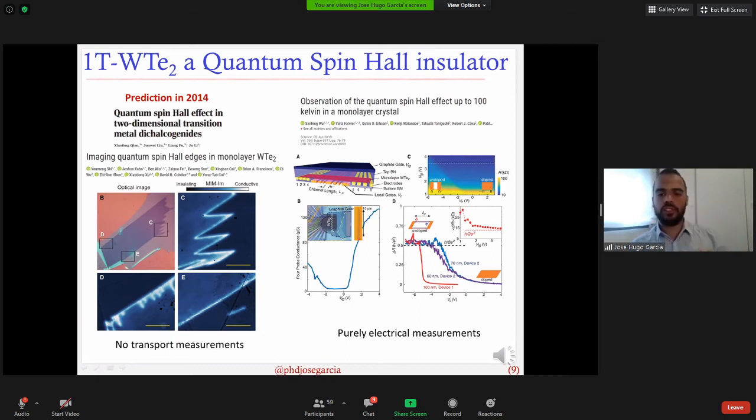And then in 2018, there were purely electrical transport measurements that pointed to the presence of this topological state at the edge of the device, and they actually measured the quantum of conductance that you expect for this material.